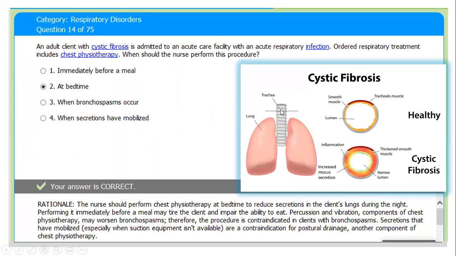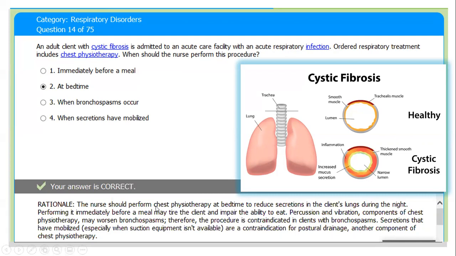If this is the trachea and lungs, this is a normal healthy trachea, smooth muscle, tracheal muscle, and lumen. But in cystic fibrosis, we see inflammation, thickening of the smooth muscle, narrowing of the lumen, and increased mucus secretion.